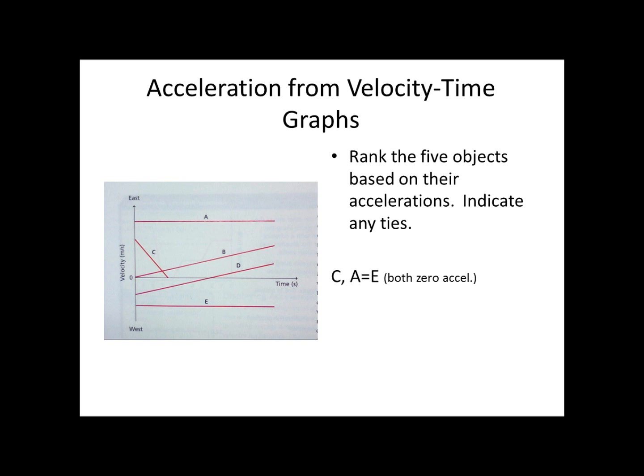So after our negative acceleration, after our 2 zero accelerations, what comes next? Well, objects B and D. Which one has a bigger acceleration? Which one has a bigger slope? Well, they're actually equal. Objects B and D have very different velocities, but they have the same slope, so they have the same acceleration.